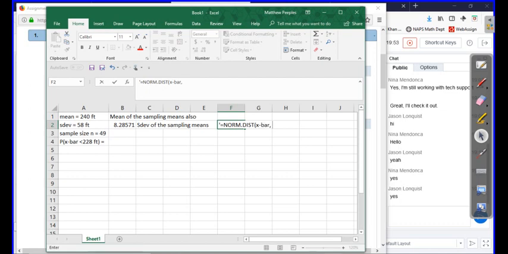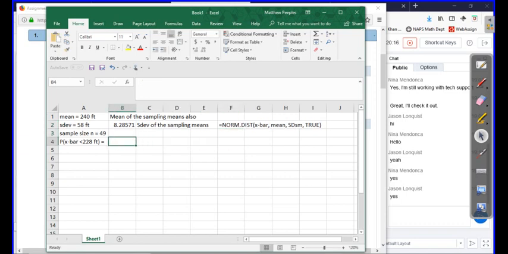We're going to put in the mean of our population, or in this case the mean of the sampling means. We're going to put in our standard deviation of the sampling means, which I'm abbreviating right here. And we're going to put true at the end of that because we want the cumulative distribution. So that's what our formula will kind of look like right here.